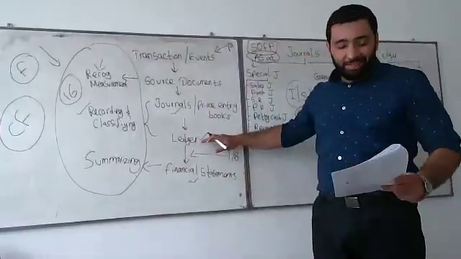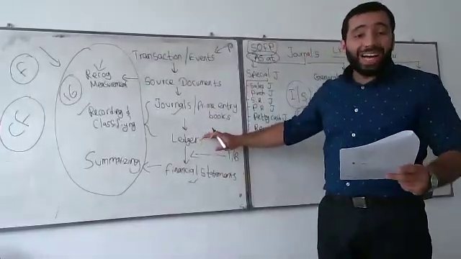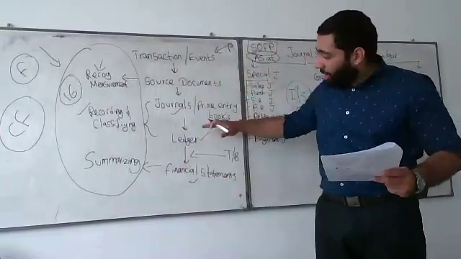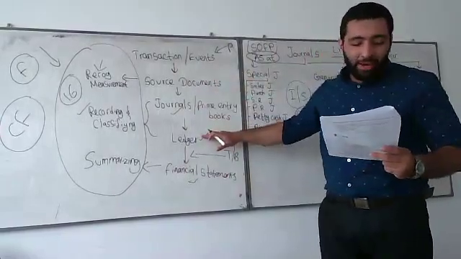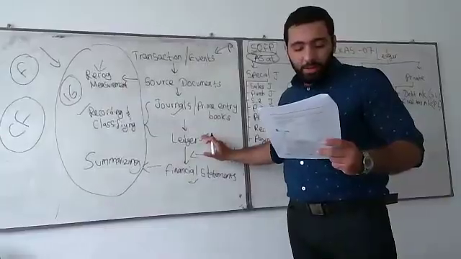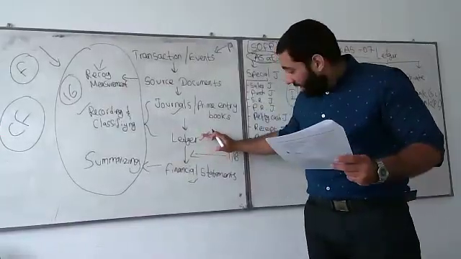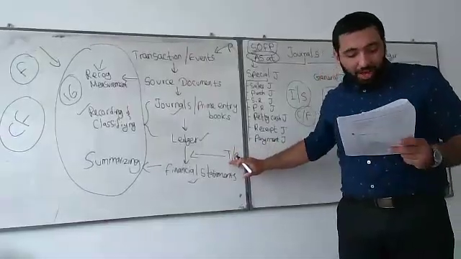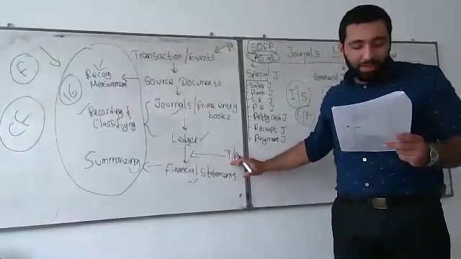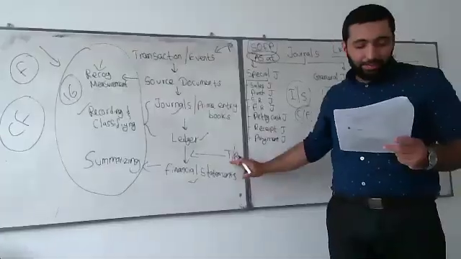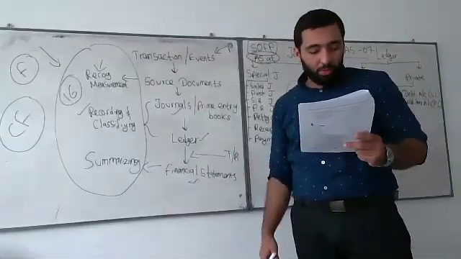Posting journal entries to the ledger. Okay, number 1, number 2, number 3. And then what do you do? What's next? Very easy. Preparation of trial balance. And then finally, balance of ledger accounts.